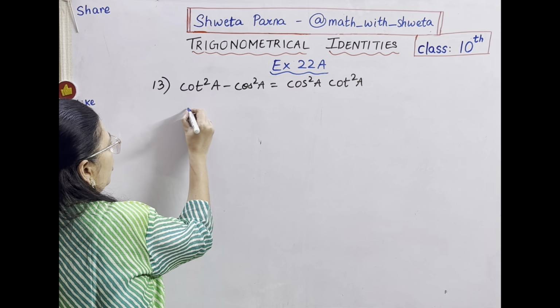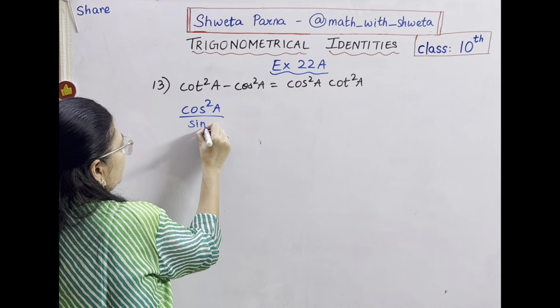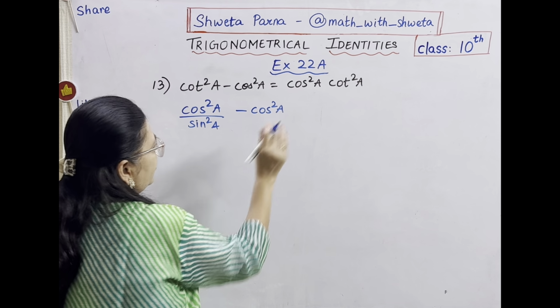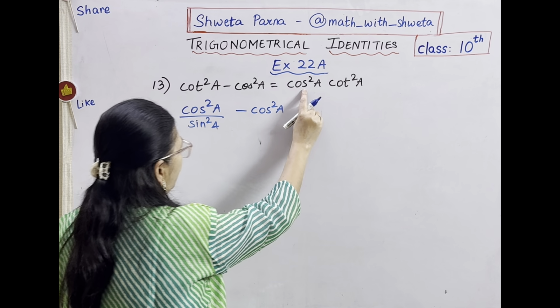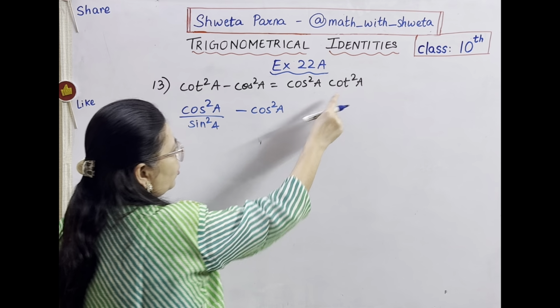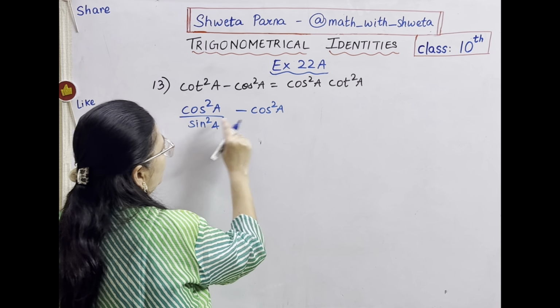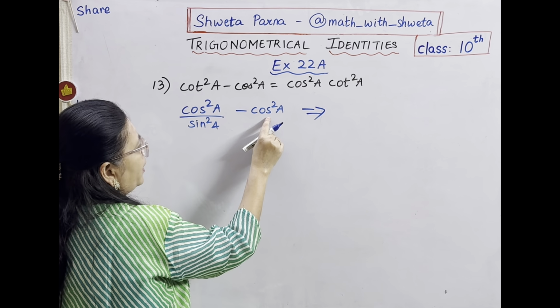Cot square A is what? It is cos square A upon sin square A. This would be just cos square A the way it is. Okay. Now what I need is cos square A. I have cos square A. And I need cot square A. So I have to get cos upon sin. How will I get it? So what I will do is I will take the common factor. What is common in these two?